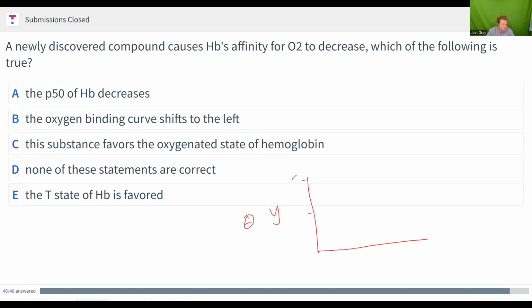You have 1.0 and 0.5 as our big landmarks or benchmarks, and then along your x-axis is your PO2. That PO2 is basically the concentration of oxygen in the environment. That's something that you control, and the protein behaves in response to that.